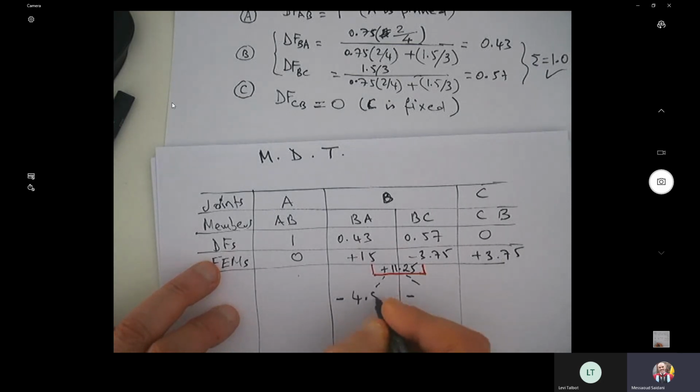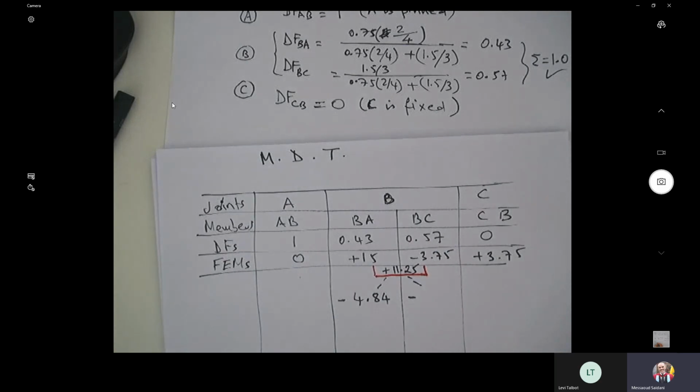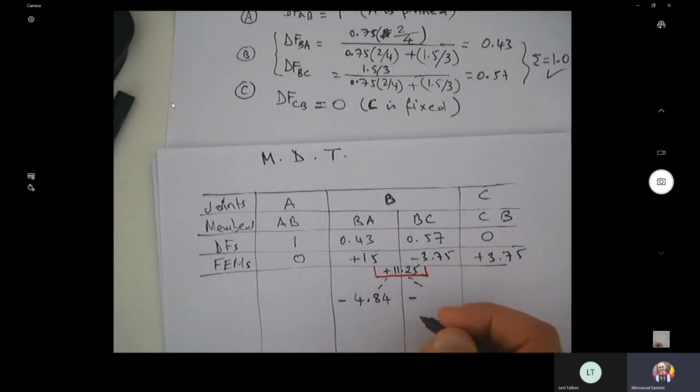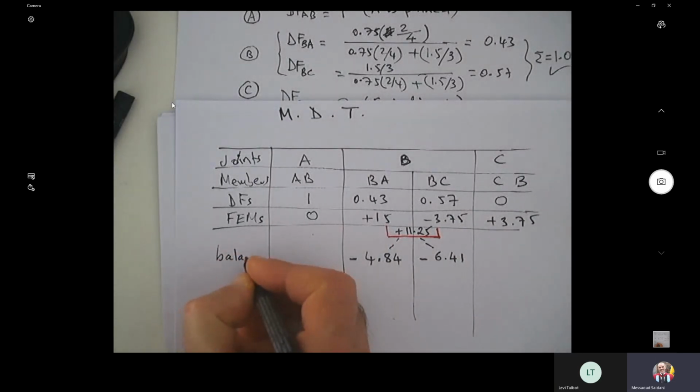Thank you very much. And 11.25 times 0.57? 6.41. Yeah, that makes sense, because now when you add these two, you should get minus 11.25. Thank you. And now see that this is the balancing.